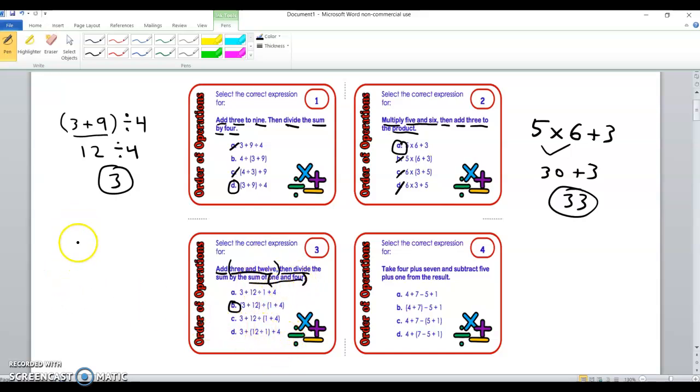If we evaluate this, it's going to be 3 plus 12 divided by 1 plus 4. So we're doing parentheses first. 3 plus 12 is 15.